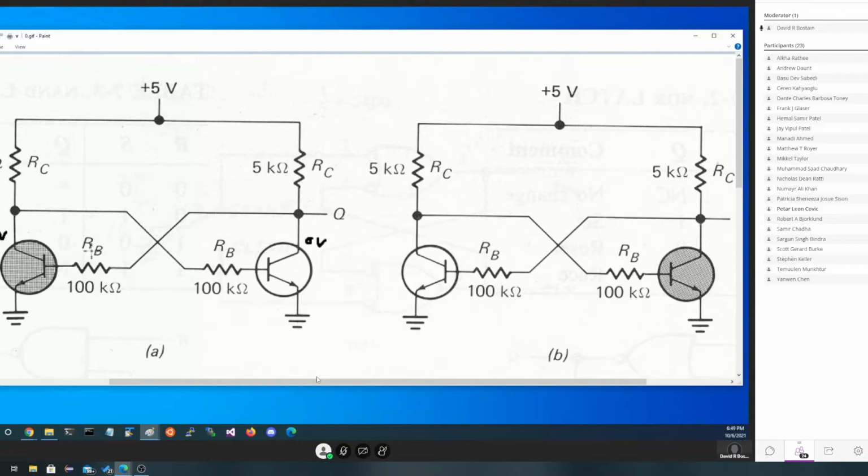Well, what happens is, it turns out that this is a stable condition we have here now. But it's only stable because when we turn the power on, we apply 5 volts here, one of them will win. Basically what will happen is, let's say that this guy right here wins.